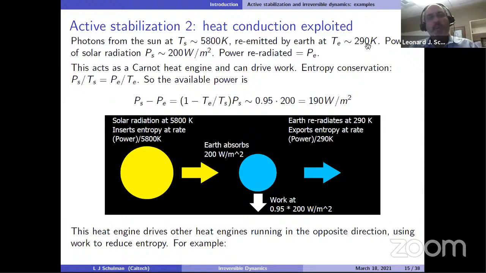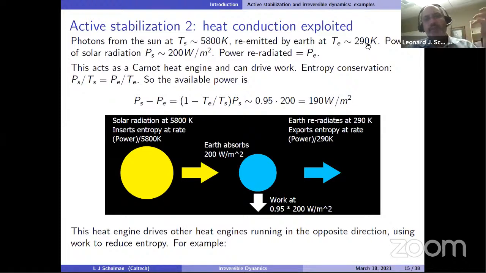We're sitting here bathed in photons from the sun at about 5,800 Kelvin, and then the Earth re-emits these photons at about 290 Kelvin, more or less. This is more or less the heat system of the Earth. It's not the whole system because there's also radioactivity internal to the Earth; I'm ignoring that term.